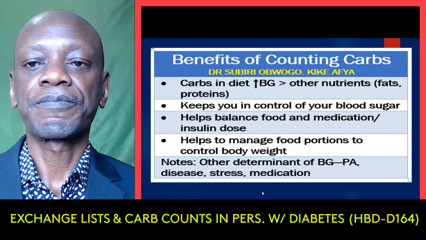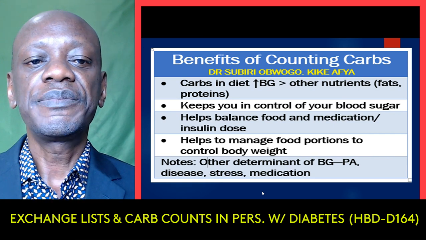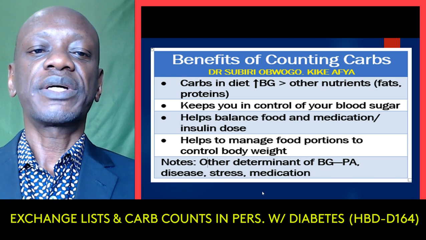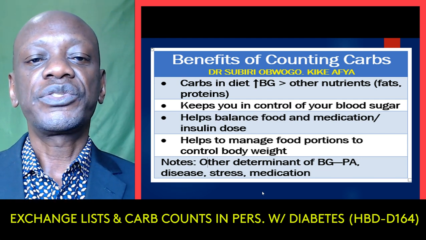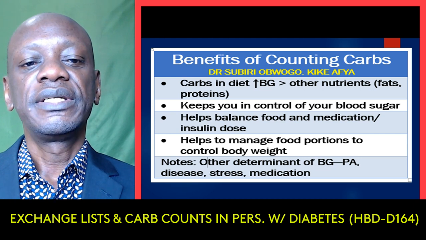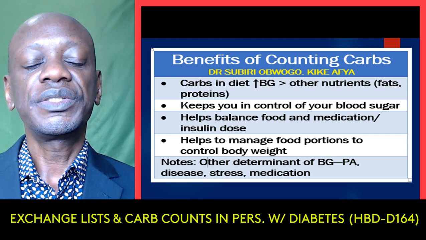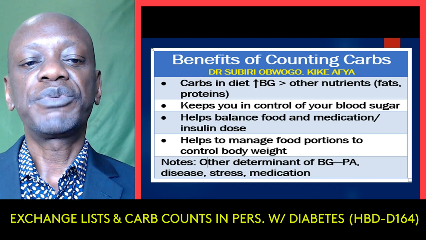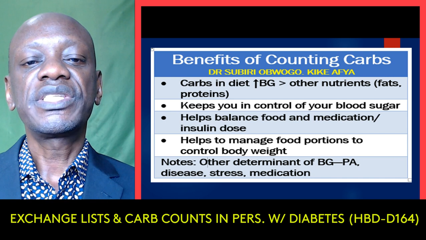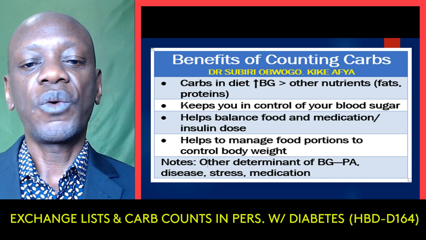So the benefit of counting carbs is that carbs in the diet increase blood sugar the most compared to other nutrients. So counting carbs helps you to keep control of your blood sugar. It helps to balance food and medication, and to manage your food portions to control body weight. In fact, this technique can be used by anyone who wants to lose weight.